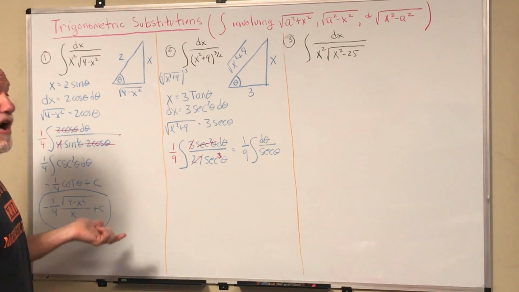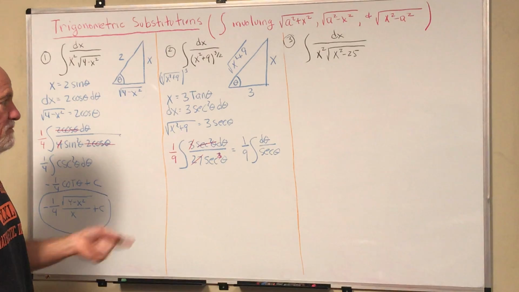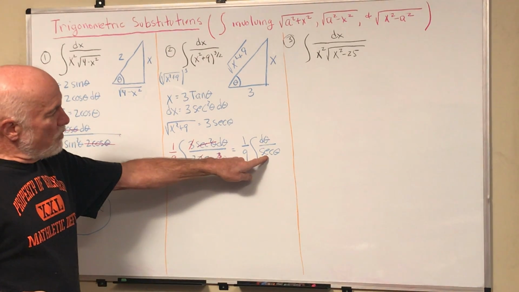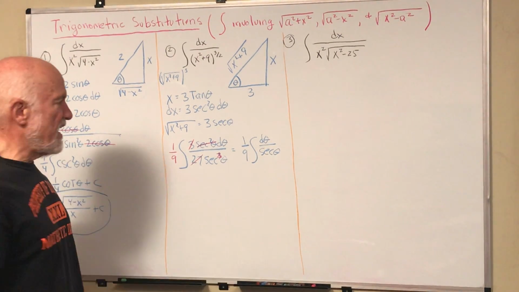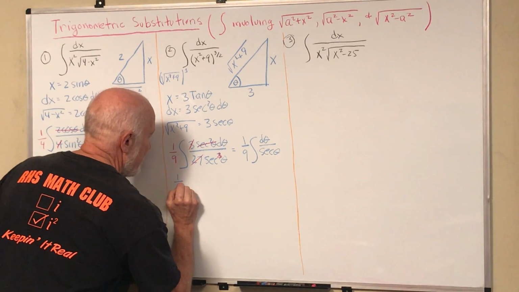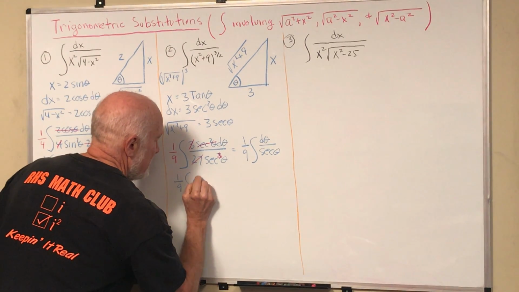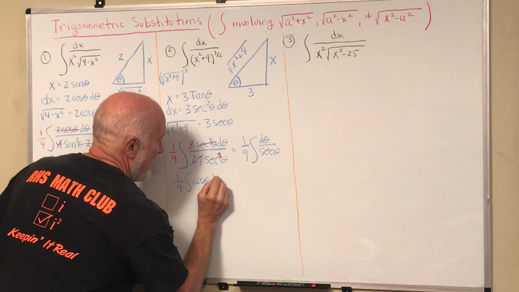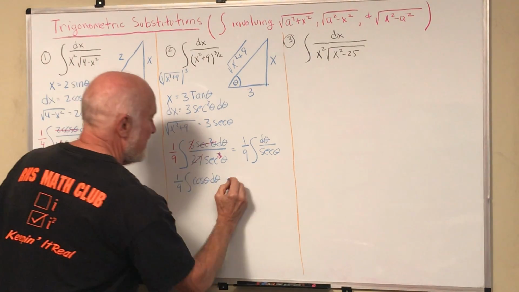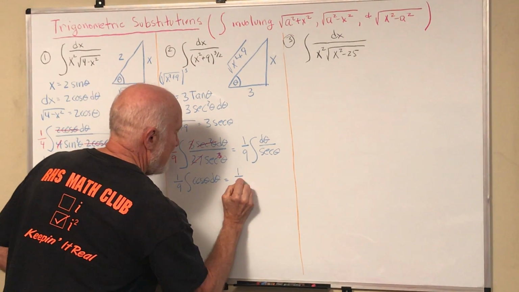And again, at first thought, you might be a little afraid of that. But remember, 1 over the secant of theta is the cosine of theta. And that is a really nice thing. The antiderivative of the cosine of theta is the sine of theta.